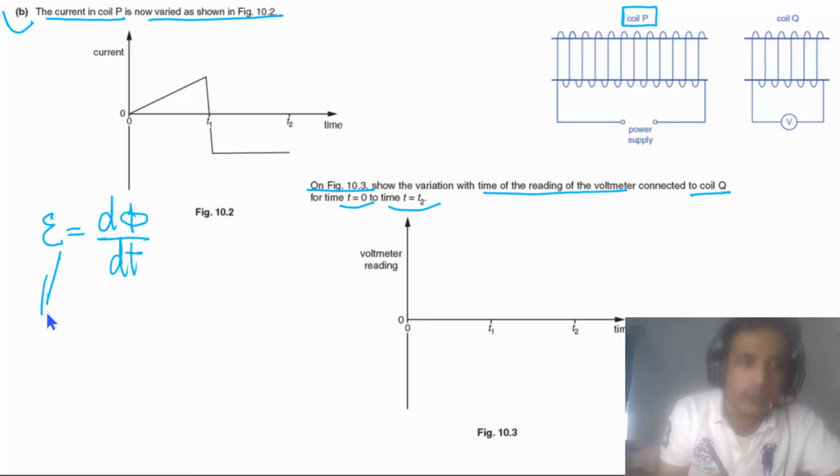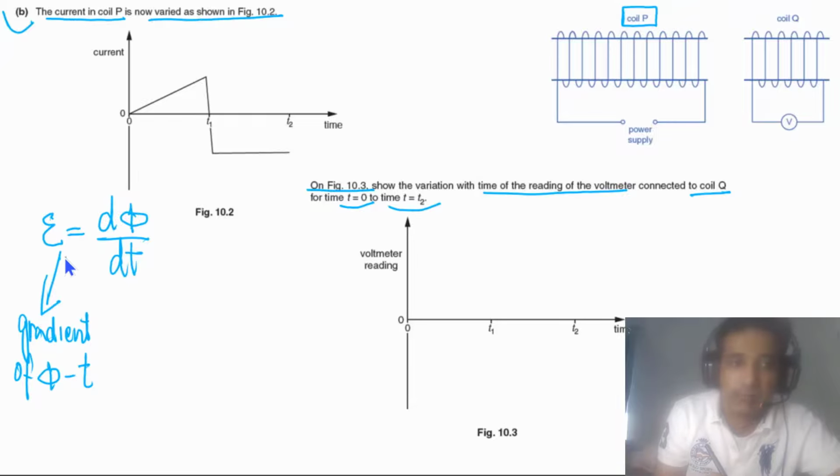and EMF we can also say this is the gradient. When I write EMF is equal to d phi by dt, it simply means that I'm talking about the gradient of the flux against time graph; the gradient of this graph is equal to EMF.